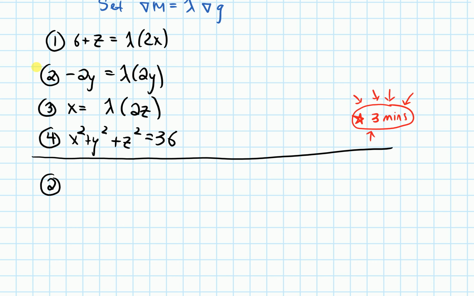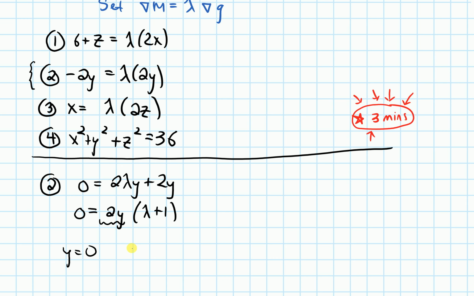So instead, if I look at equation 2, let's move everything over to one side. So I'll get 0 equals 2 lambda y plus 2y. And then factor that out. So we can factor out 2y and be left with lambda plus 1. And now at this point, there are two possibilities. Either the first thing equals 0, so y equals 0, or this second thing equals 0, which would mean lambda is equal to -1.